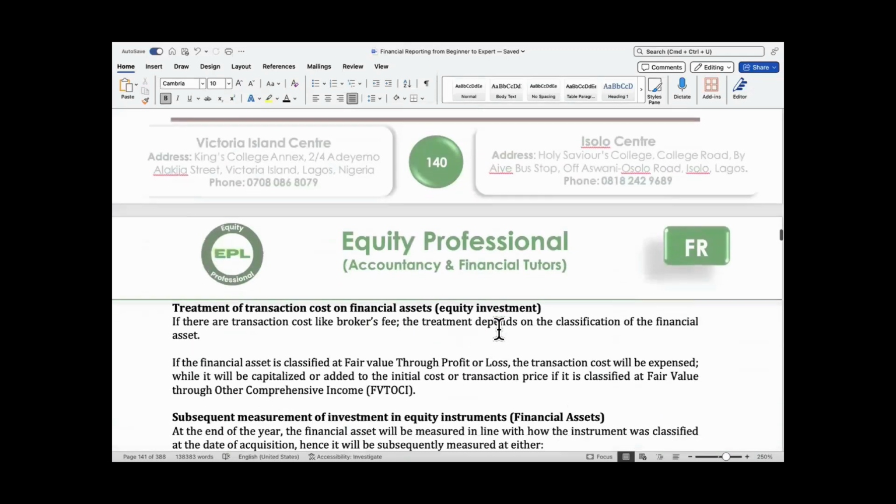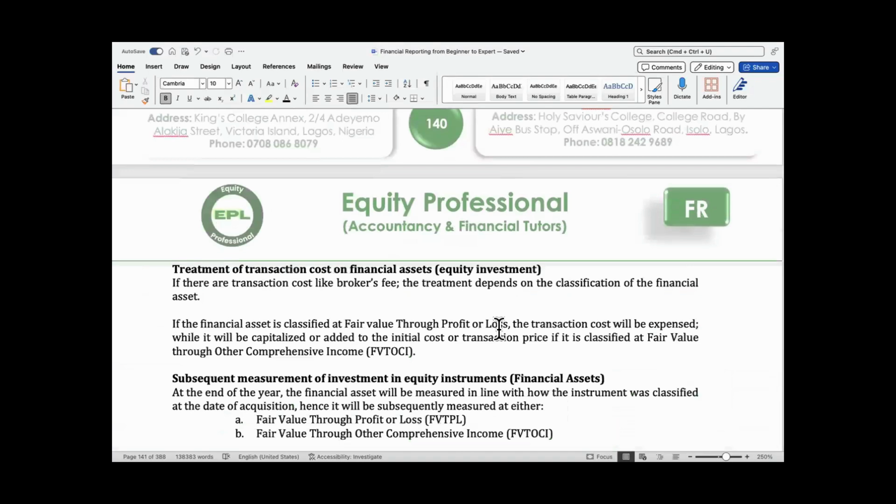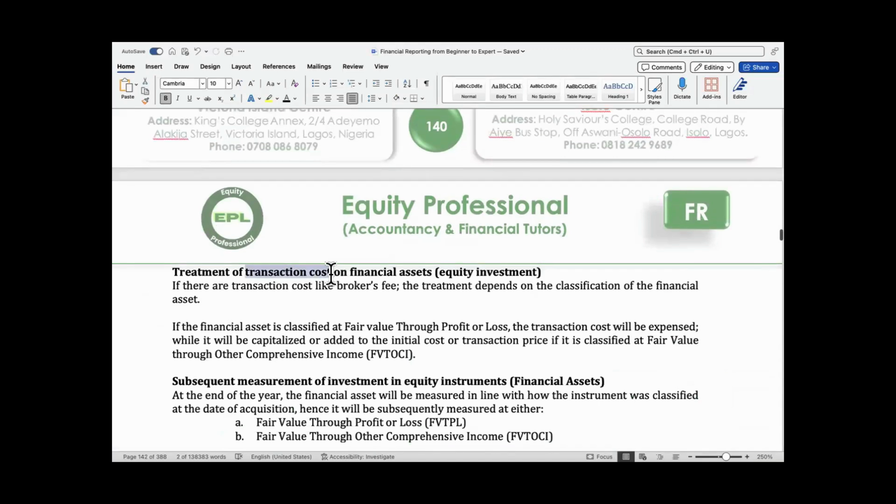Now, also, at the beginning, when you buy shares, you will always incur transaction costs, like your broker's fee, or even stamp duties, or maybe the exchange fee.